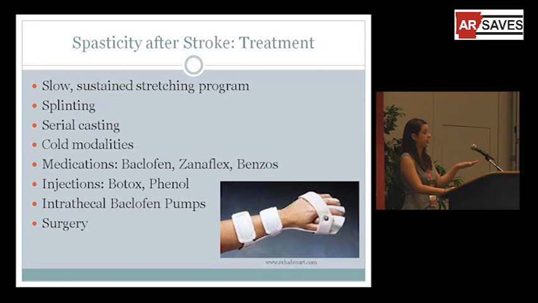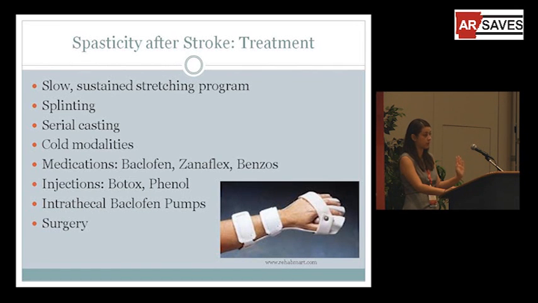You can use serial casting to help put patients back into proper positioning. You can also use heat and cold to decrease spasticity in the muscles. And then medication-wise, we use baclofen, tizanidine, and benzodiazepines frequently as muscle relaxers to decrease spastic tone in these patients.